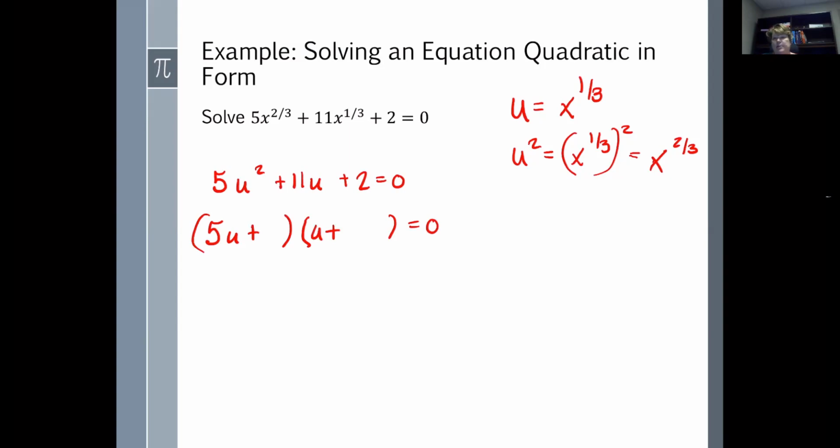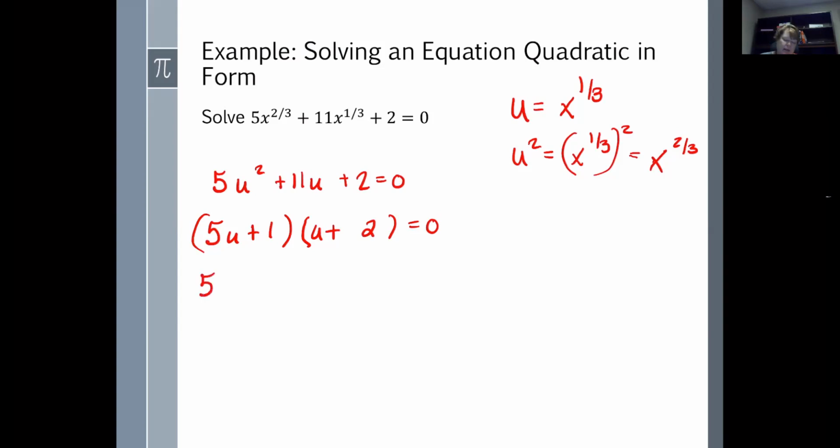I have a 5u squared in that first term. So the only 2 things that are going to multiply to 5u squared is 5u and u. And then I need factors of 2. I need to place those in those last positions so that when I add outside and inside, I get 11. So I think I'm going to put a 2 there and a 1 there. And I'm going to do a quick FOIL in my head to verify that that is correct.